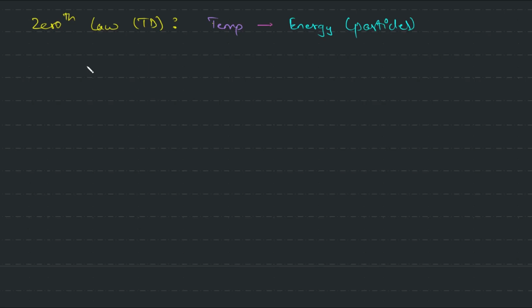Agree? So basically, more the temperature would imply more, to be a bit more specific, kinetic energy. Obviously, less the temperature, less the kinetic energy.